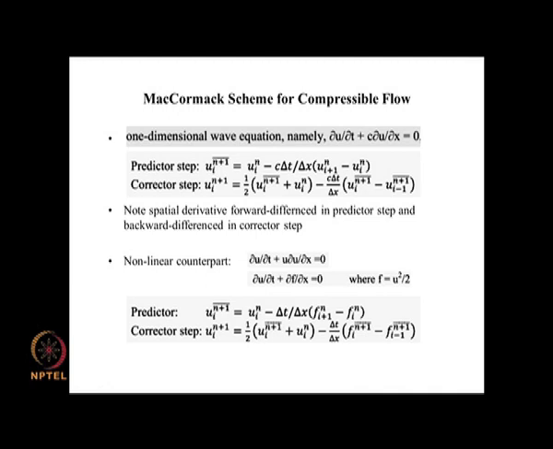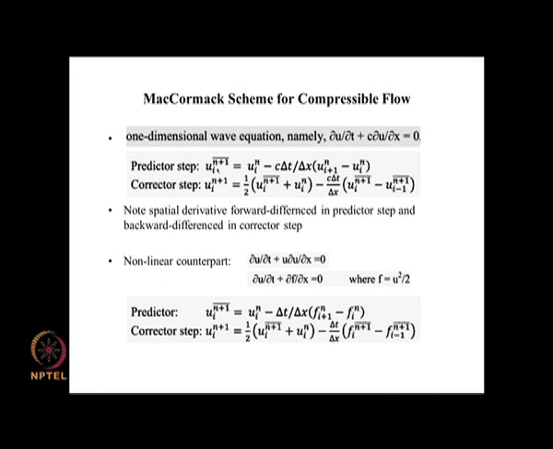So for this particular equation, the MacCormack method solves it in a two-step process, as a predictor step and a corrector step. We have seen the FTBS, FTCS, those kinds of approximations for this, but this is a more advanced method which will actually help us deal with the nonlinearity when we extend it to the real case.